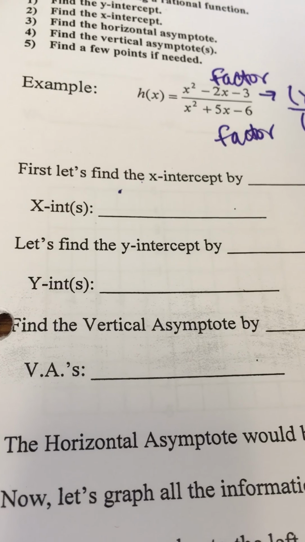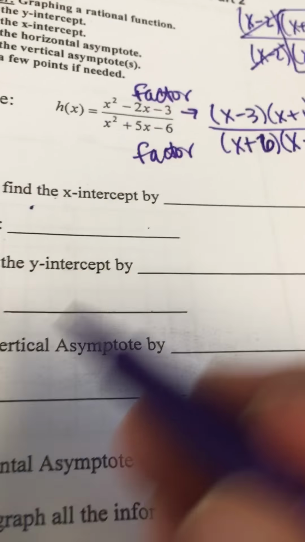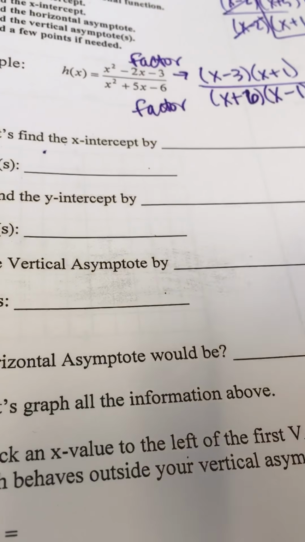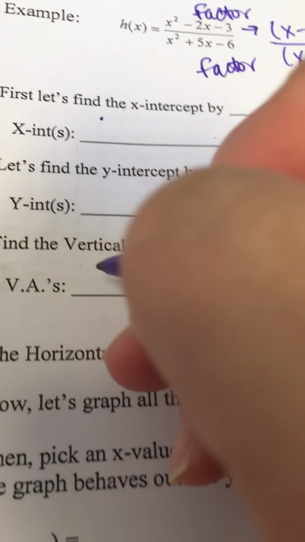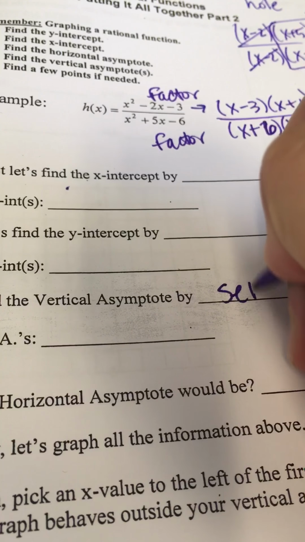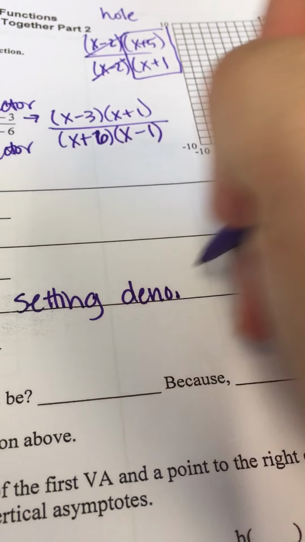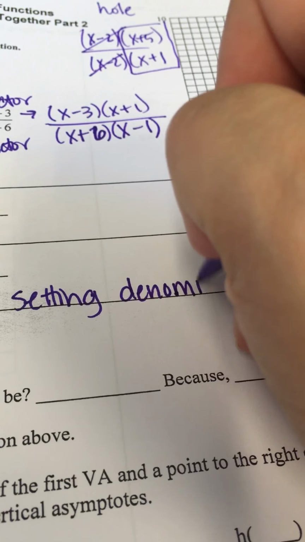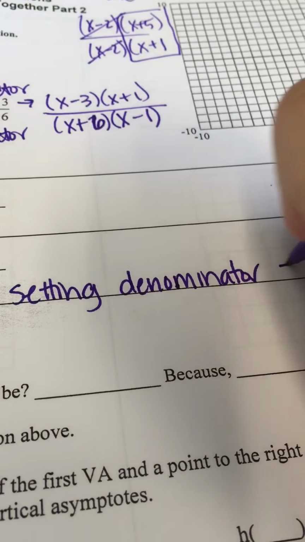All right, vertical asymptotes, I'm going to skip down to verticals first because those are always the denominator equal to 0. So find the vertical asymptote by setting denominator equal to 0.